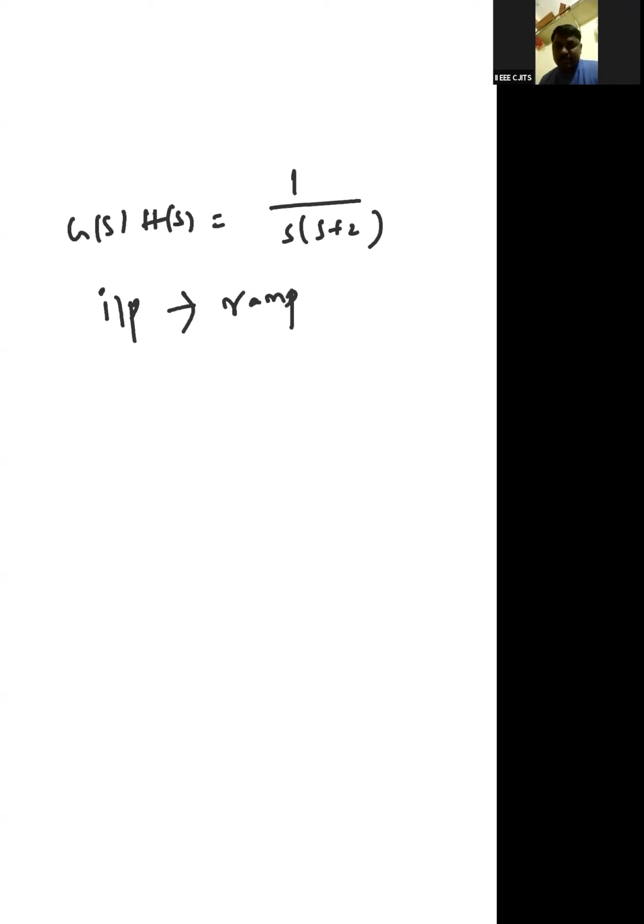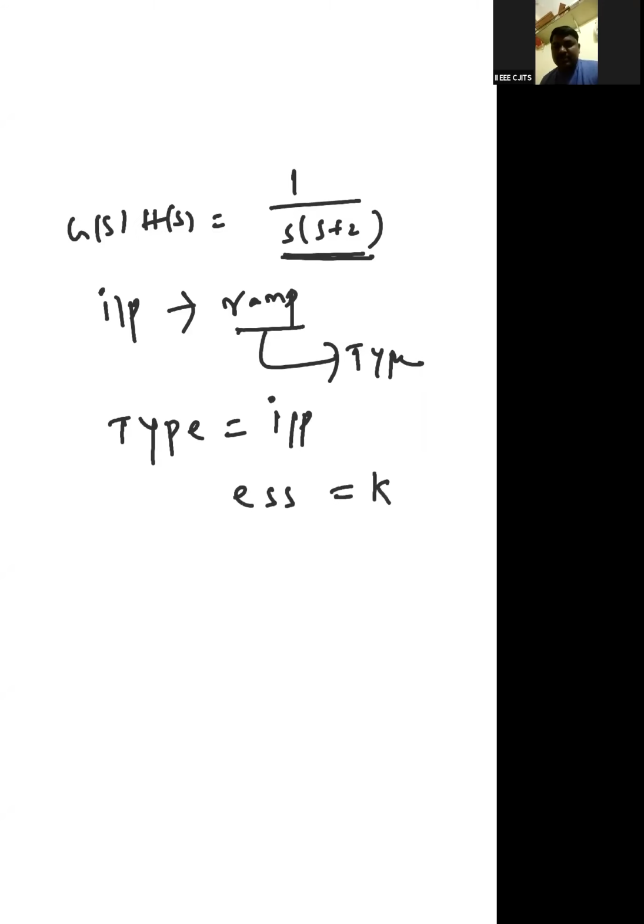The ramp input we can calculate only for a type 1 system, and here they have given a type 1 system. So the type is equal to the input, and definitely the steady state error will come to some constant value. Questions like these are asked.